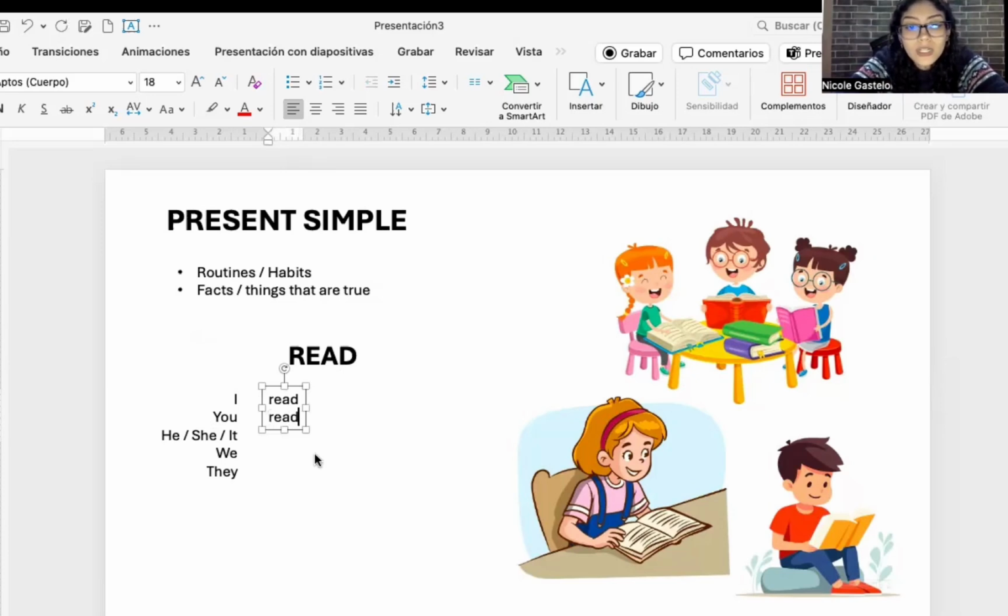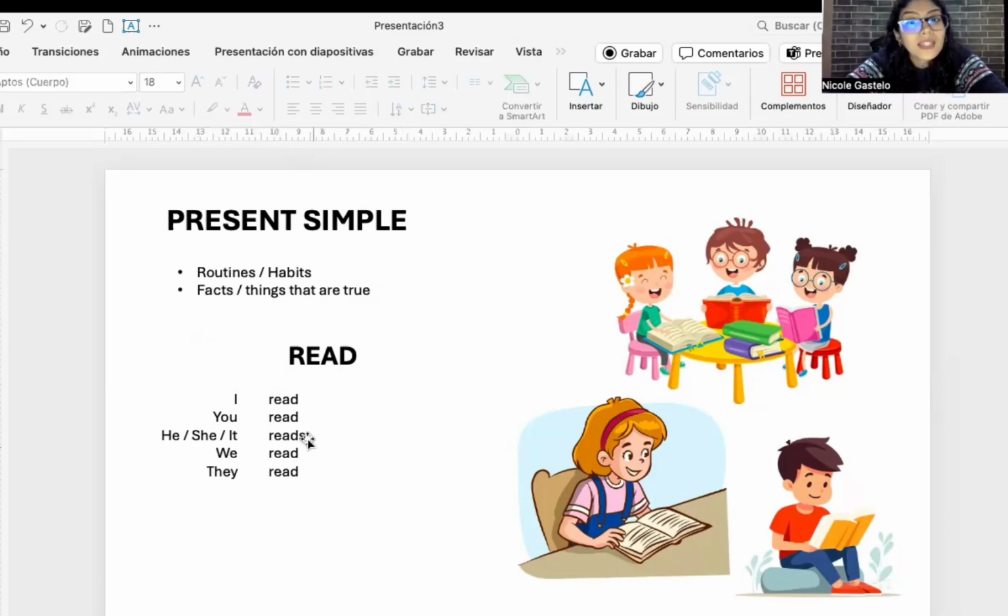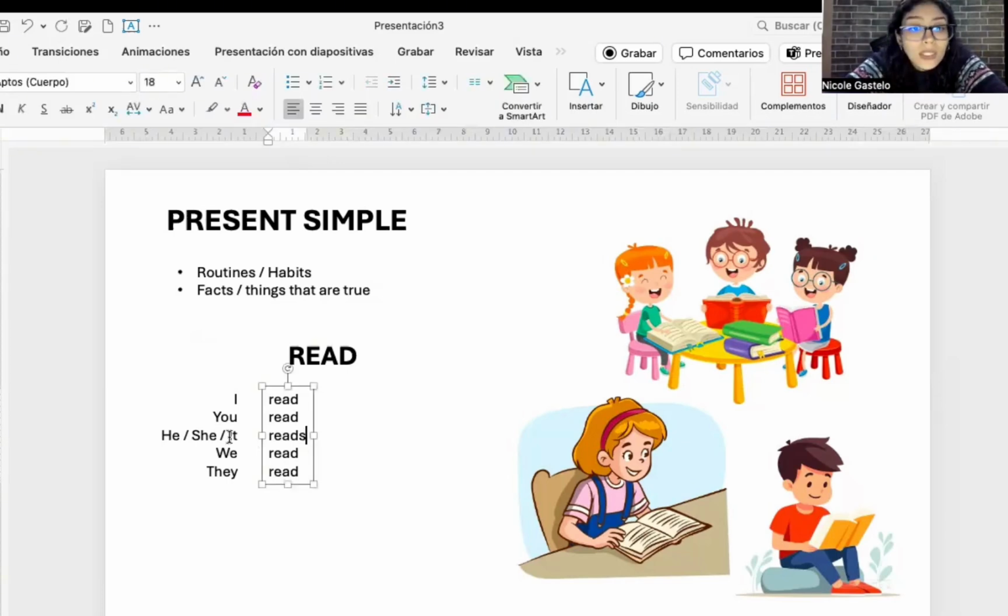He, she, or it reads. We read. And they read. Yes, so the only subjects that will have read with the letter S are he, she, and it.